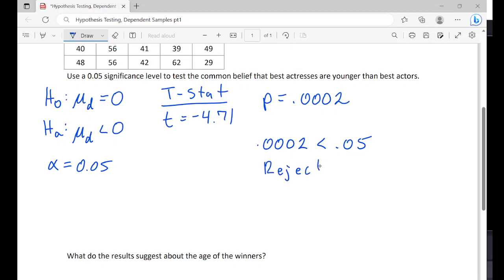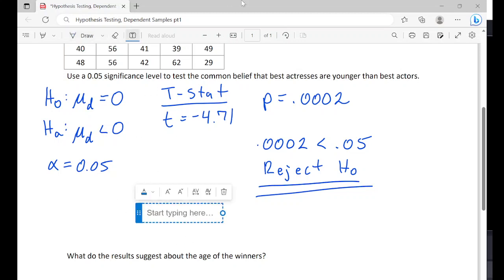we reject the null. And as is always, when we reject or fail to reject, we should state our claim in a sentence or so about what happened, just so we can see it better. So I'm going to go here and type in what we've uncovered. And since we reject the null, that means we have enough evidence.